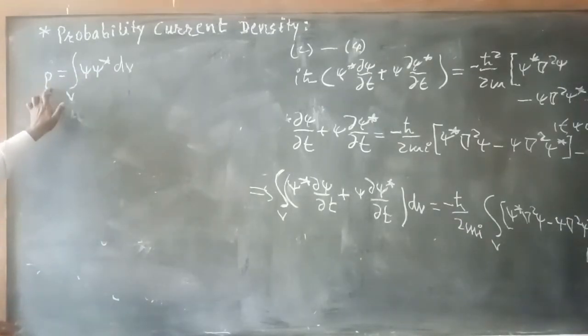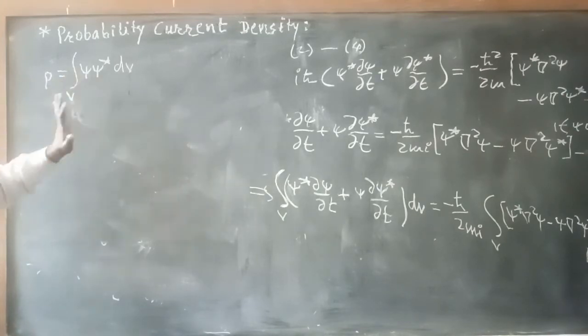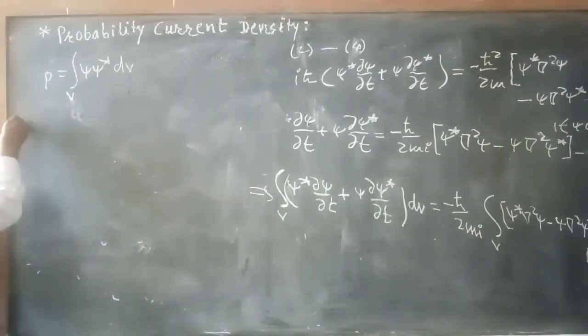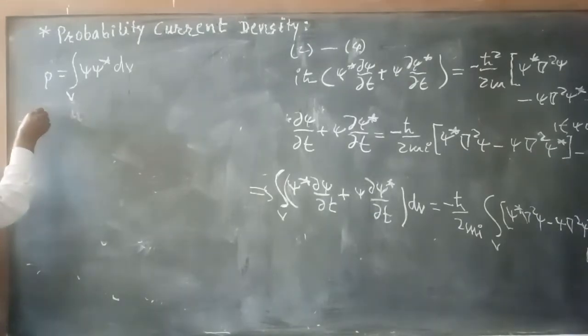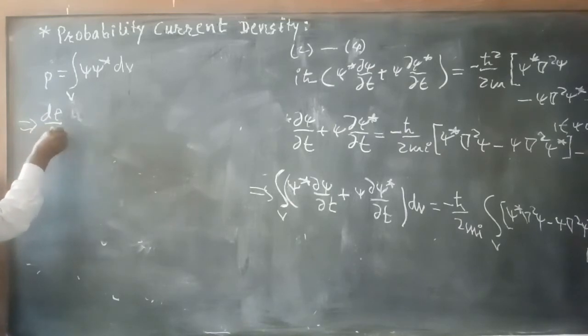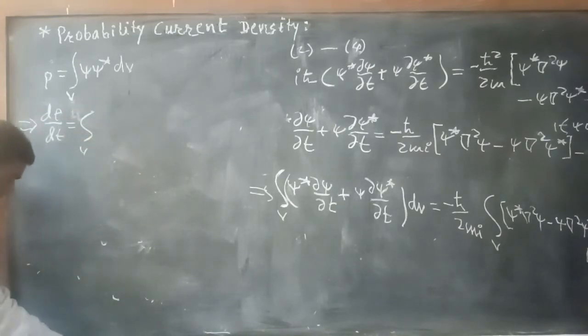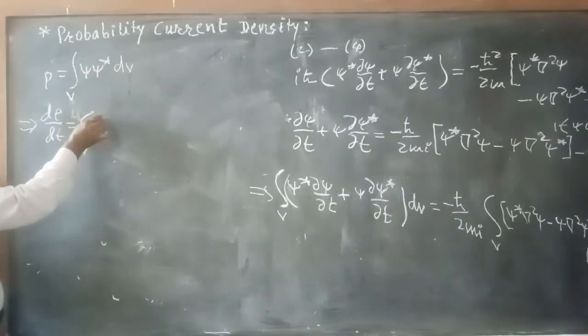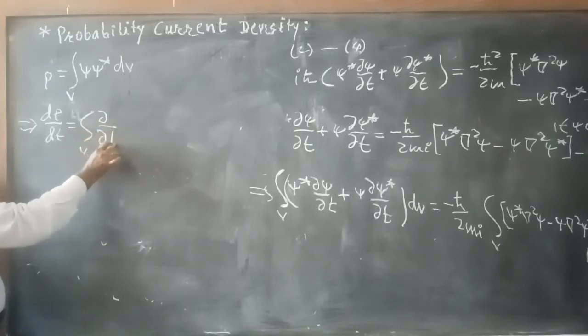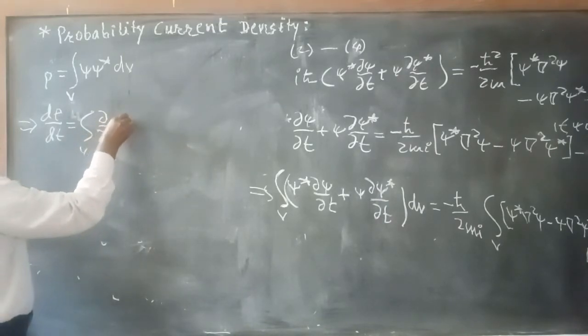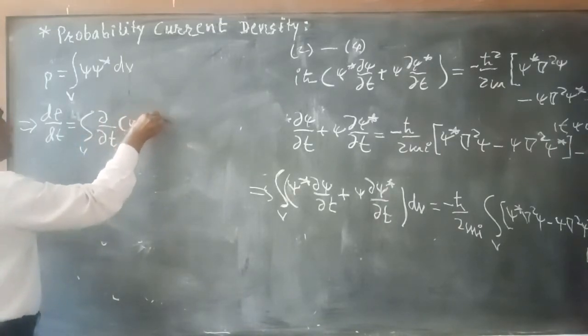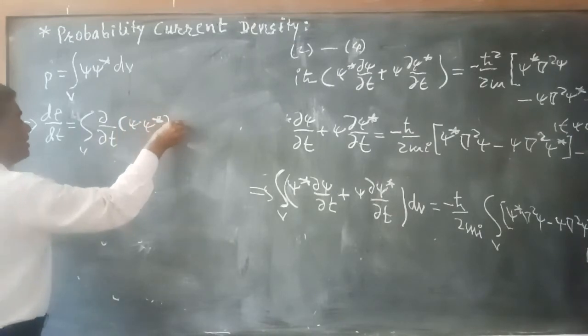Now the rate of change of probability can be obtained by differentiating this equation with respect to t. So by differentiating this equation with respect to t, we are getting dP/dt. This will be equal to the integral over V, and we will take the differentiation inside. So ∂/∂t of ψ ψ* dV as it is.